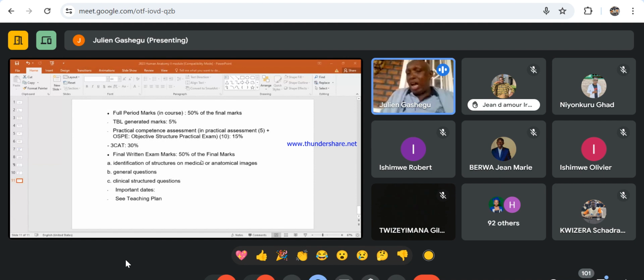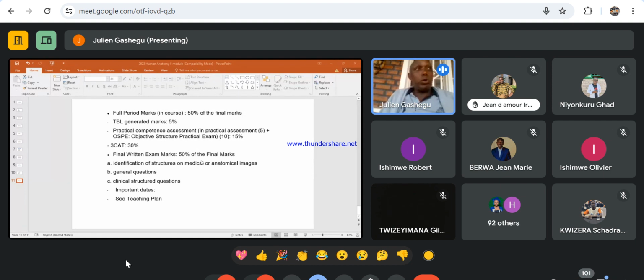It's the same as module 1. You have a continuous assessment, which I call the in-course marks, which is half of the final mark, 50%.